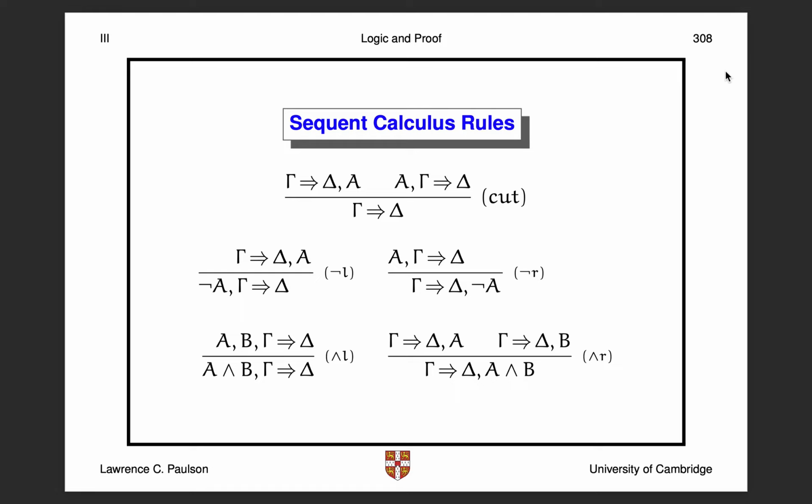Now, why is this useful? And it might be obvious to you that this must be true, because if A follows from gamma, then adding gamma to A doesn't really tell us anything. The idea is simply that A might be a lemma, or if you're a computer scientist, you could think of it as a subroutine. By proving this lemma A once and for all, it may have a very long proof, but having proved it, then if we add it to our assumptions in the second premise, we can now appeal to this fact over and over again without repeating the work of proving it.